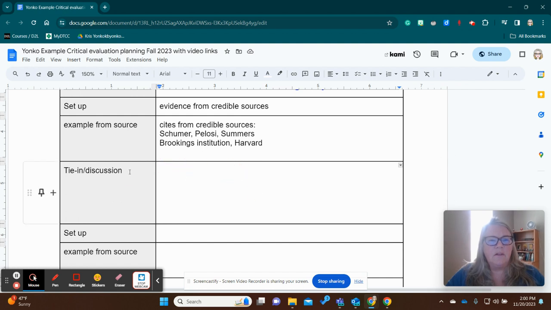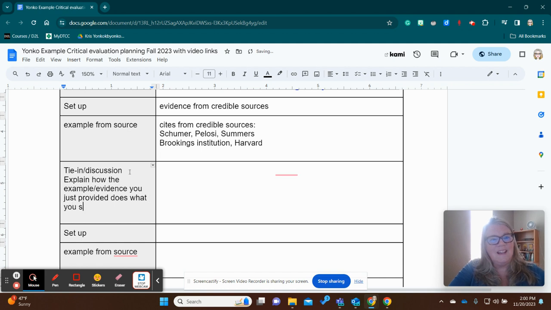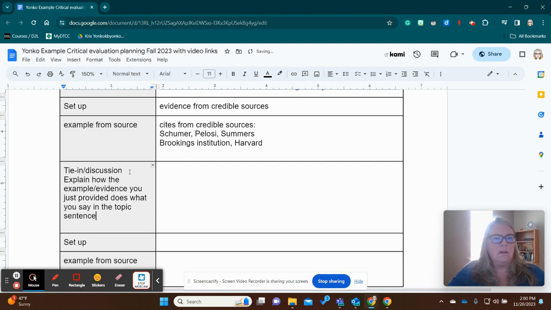So what you want to do in the tie-in, let me go ahead and explain it over here. Here, what you want to do is explain how the example or evidence you just provided does what you say in the topic sentence. All right.